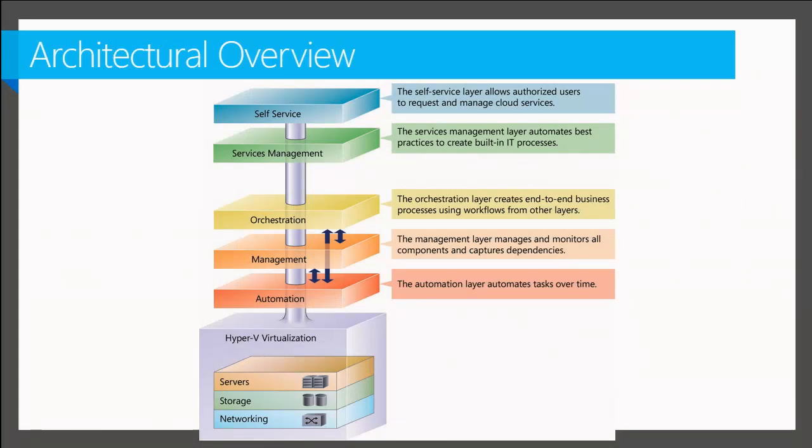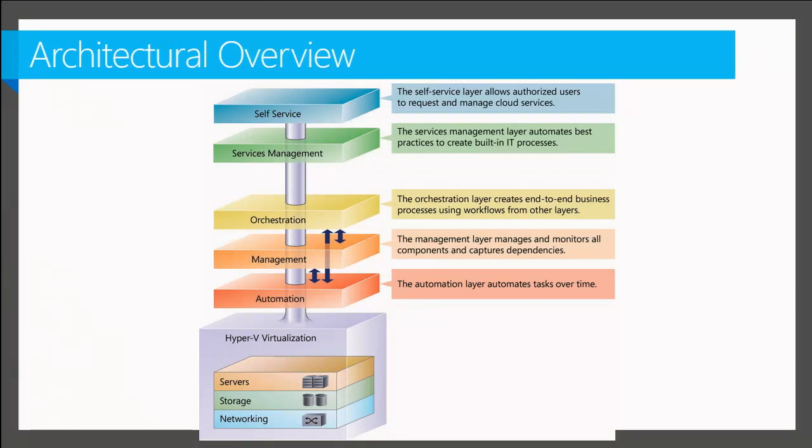So starting at the automation layer, as I'm sure you all know, System Center products have PowerShell now as kind of their foundation. So everything that is exposed in the GUI and more is exposed via PowerShell and other automation techniques underneath the hood. That's what allows that management tier to really talk to the underlying fabric in an automated way.